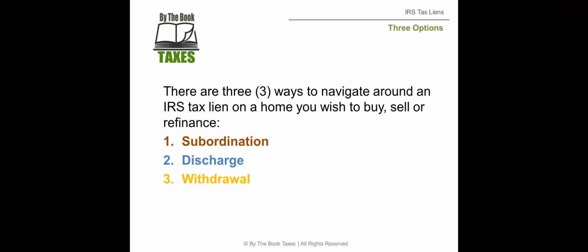As mentioned before, there are three options to work around an IRS tax lien: subordination, which we talked about last week, discharge, which we're going to talk about today, and withdrawal, which I'll speak about next week.